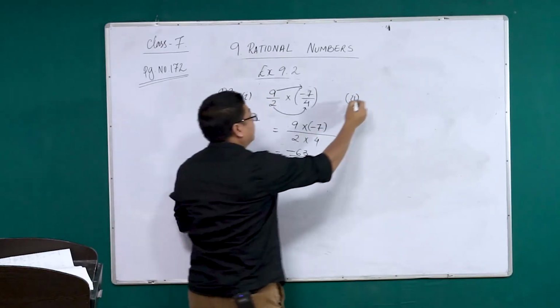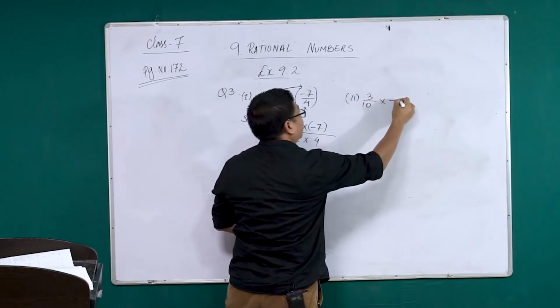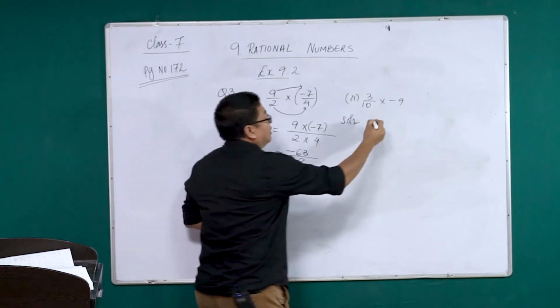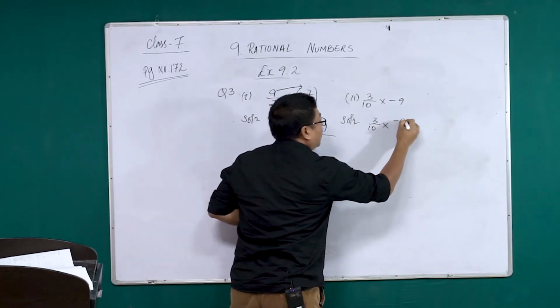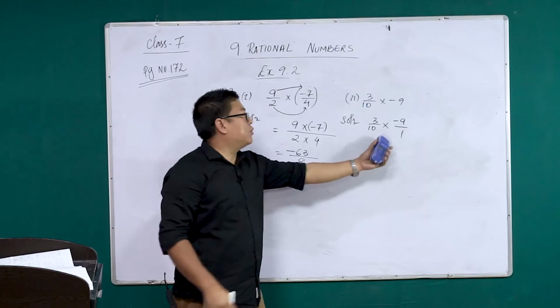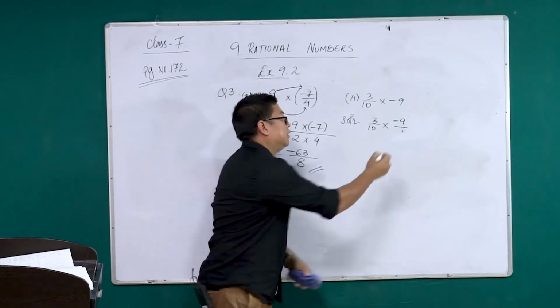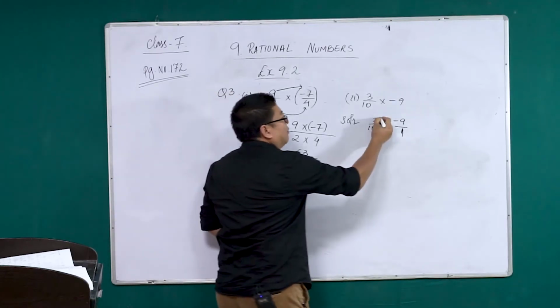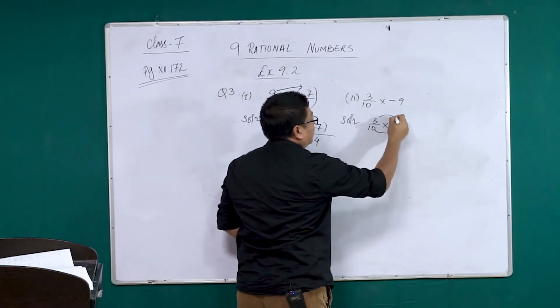3 by 10 into minus 9. I've already told you about the invisible one. 3 by 10 into minus 9 by 1. This 1 is always there. If there is no denominator given, that means the denominator is always 1. Okay? Multiply these two and these two.